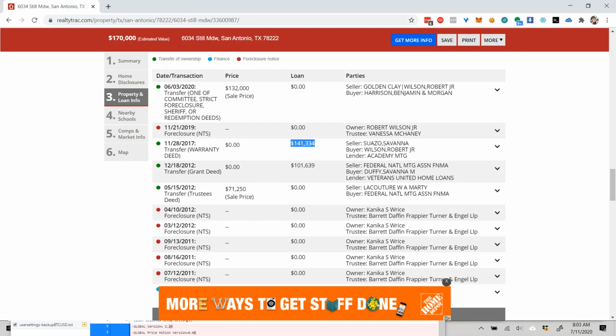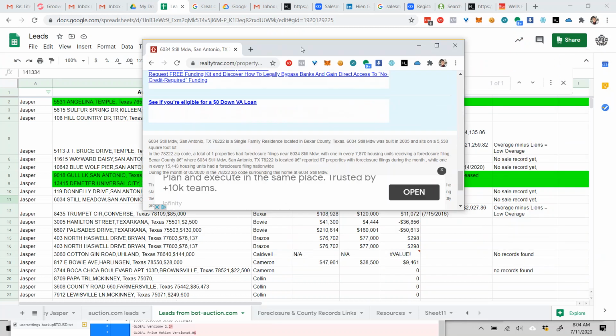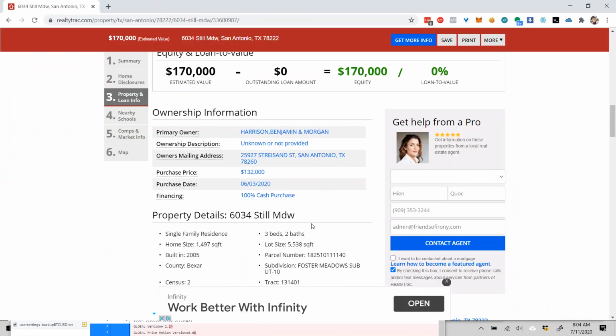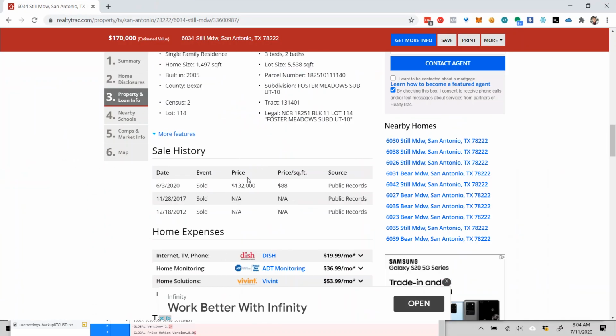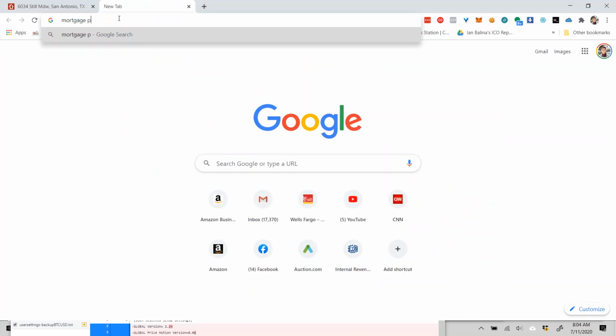Maybe they only paid down $10,000 in the last 3 years. Transfer, warranty, mortgage. Yeah, so there may not be a mortgage. So we're going to have to look into it to see if this 141.33 most likely is a 3-year pay down. Mortgage pay down.